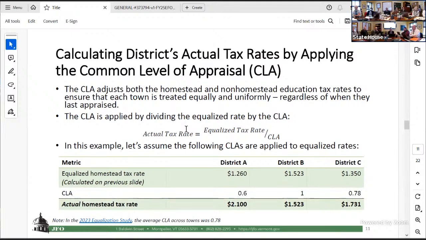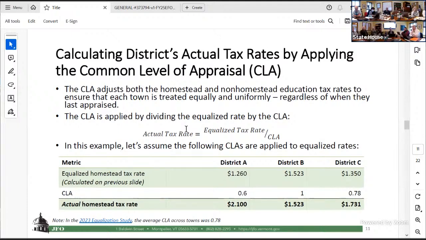So the CLA is applied to the tax rate, as Jake spoke about. So we take that equalized tax rate that we just calculated for these 3 districts and divide by the CLA. And this is true regardless of the 5% Act 127 cap. This is how it's done. This is how it was done pre Act 127. So the equalized tax rate divided by the CLA.